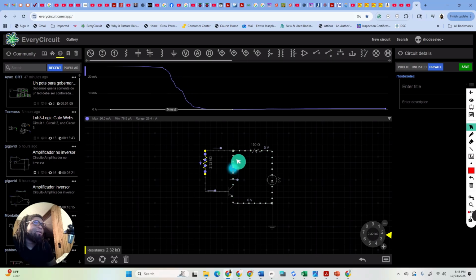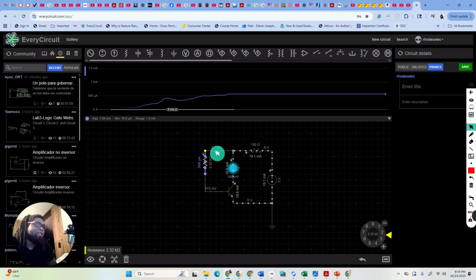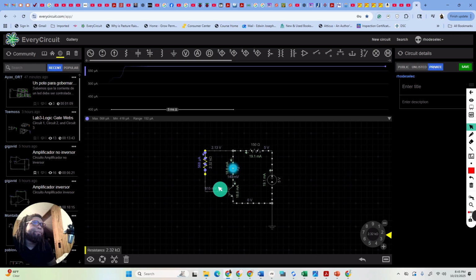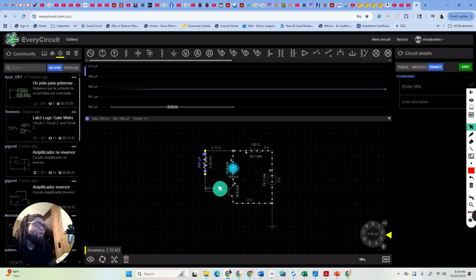thereabouts, then we see that it has the bias voltage. The bias voltage is reading a little bit higher than what we desired. Electronics are always going to be like this, and I think this is why EveryCircuit does this: it seems to mimic the tolerances that we actually see in the real world. When we calculate all these things, we're looking at perfect ideal components, like ideal capacitors, ideal resistors, ideal transistors.